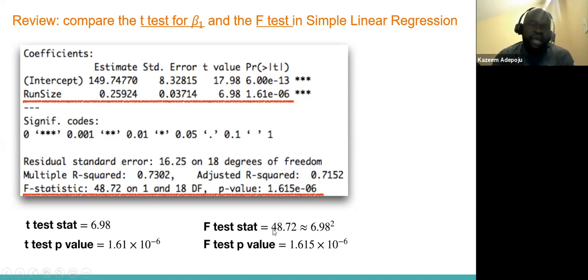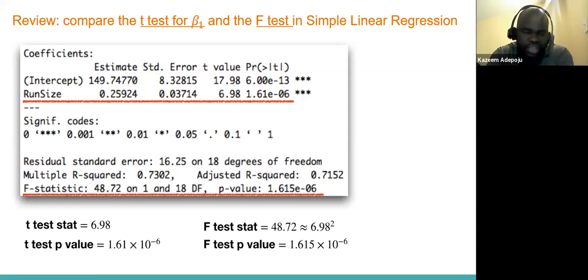That confirms the theoretical proposition in statistics that when I square t, I'm going to have an F distribution. So when you square this guy here, it will automatically give you this, and that is the connection they have. But based on what I'm doing right now, the two of them are taking the same decision.